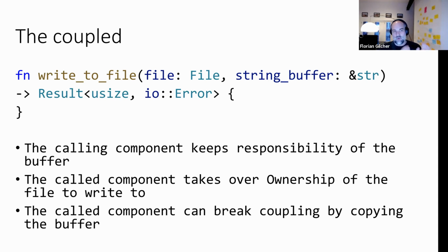For example, I want to spin off a thread and immediately return from the write to file function. We may end up in a situation where returning a result may not be feasible anymore, but that's another thing. For example, I want to put that on a background thread, and to be able to do that, I copy the string buffer in some way. That is all possible.